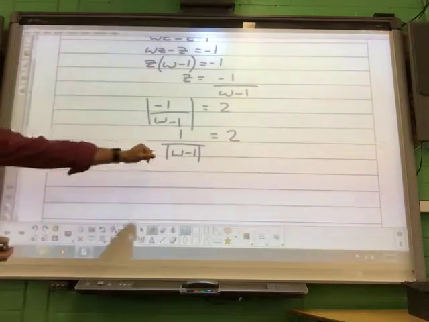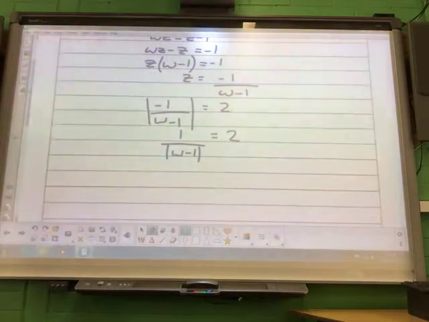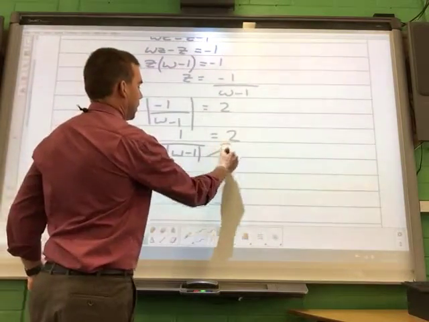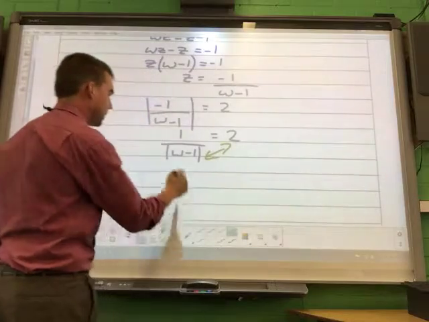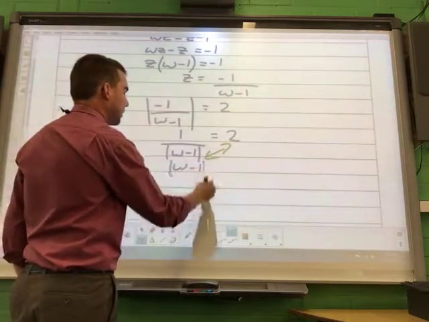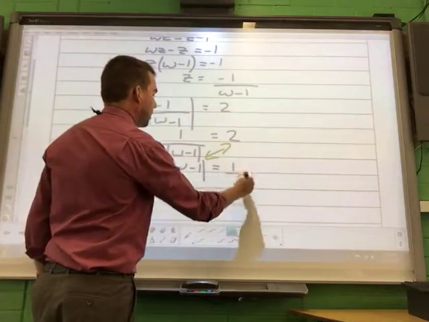And then I'm going to make omega take away 1 the subject of that equation, so we're going to swap those two over. So omega take away 1, the absolute value, is going to be a half.